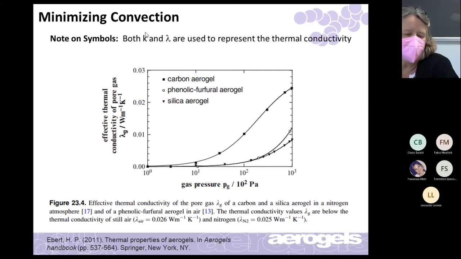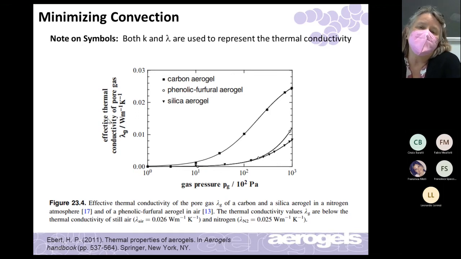But people also use the Greek symbol lambda to represent thermal conductivity. I have not figured out if that is US versus Europe, or engineering versus physicists. I think physicists use lambda. So sometimes you'll see plots with lambda, sometimes I'll refer to K. They're the same thing, the thermal conductivity.